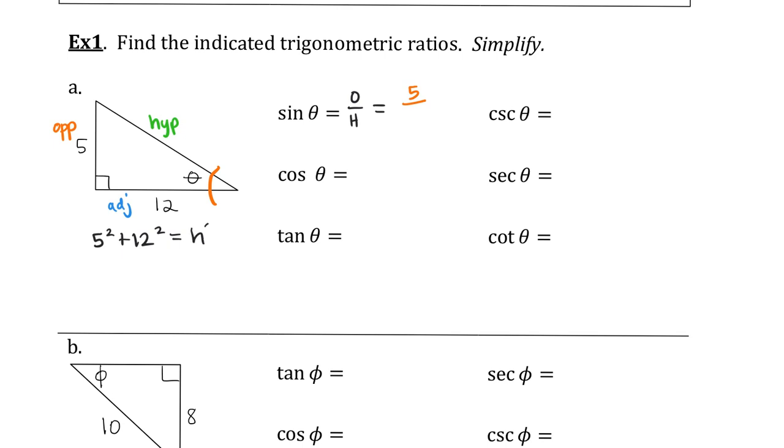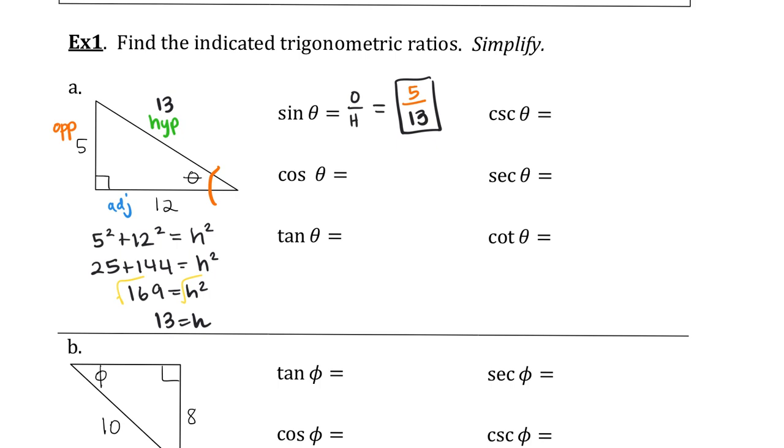Okay, let's use h squared or c, something like that. Let's square root it. What's the square root of 169? 13? Okay. So the hypotenuse is 13. So now I do know the hypotenuse. The hypotenuse is 13. So sine is going to be 5 over 13.